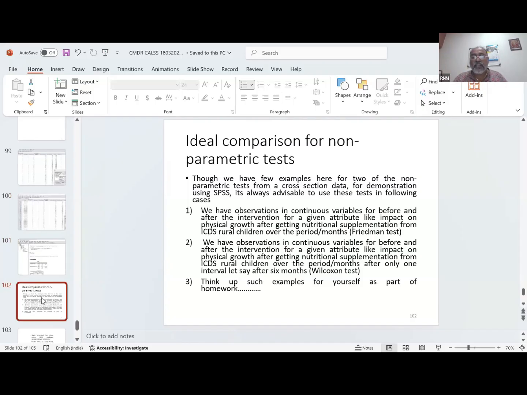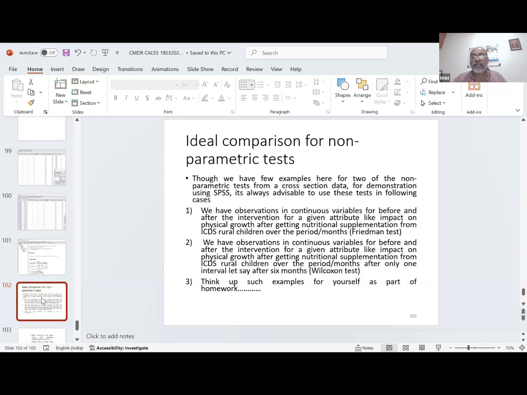You have to practice. First you have to remember which test to use where. Suppose there is an example: we have observations in continuous variables before and after the intervention. Sometimes we have follow-up data also. So an intervention is made, and you are looking at the change in outcome; then the test is appropriate if the data is not normal.